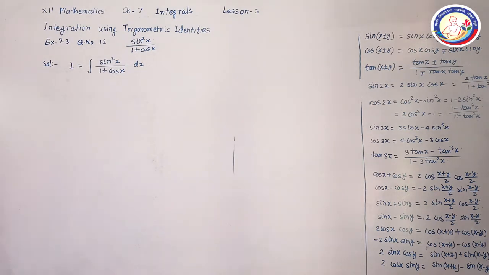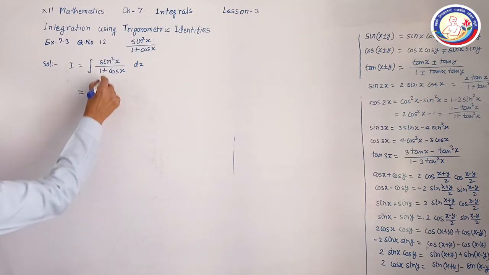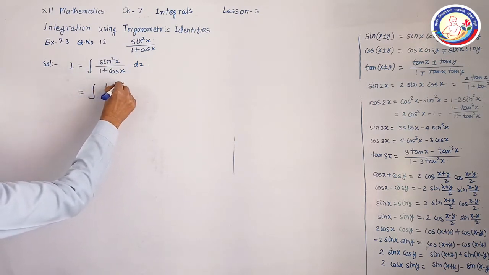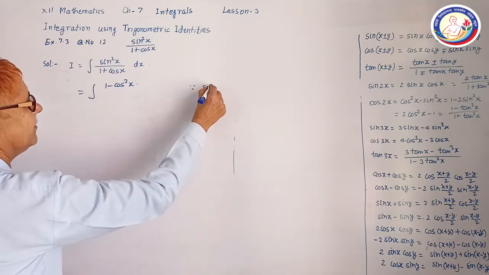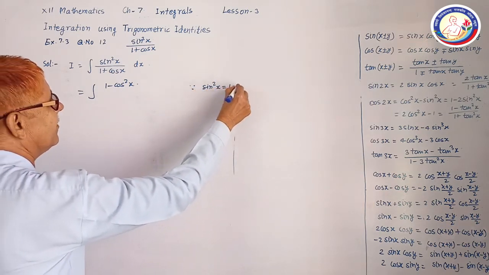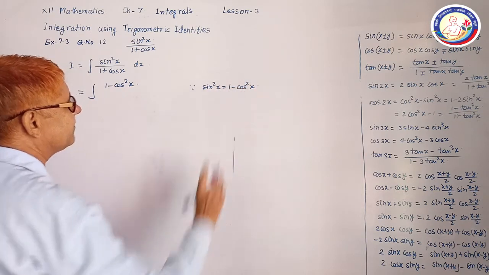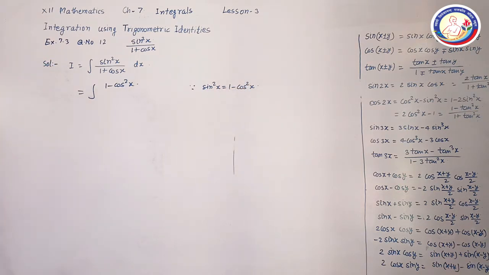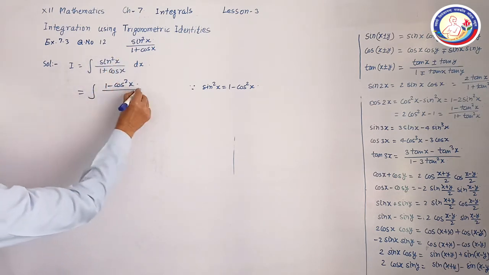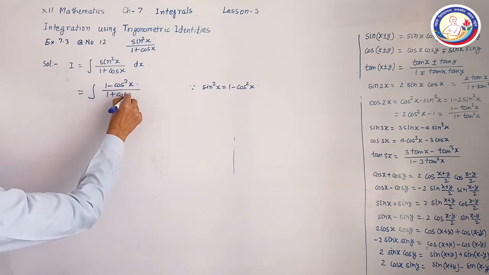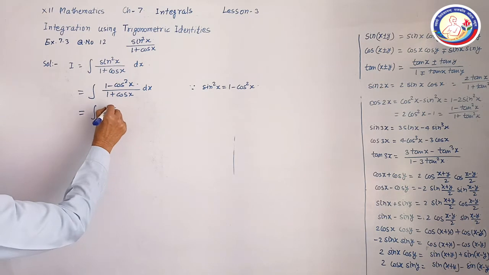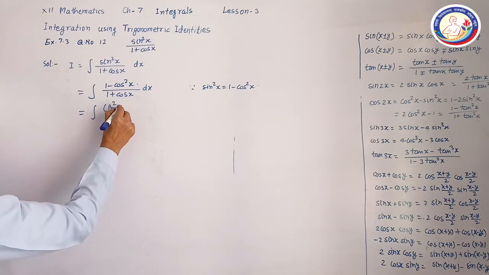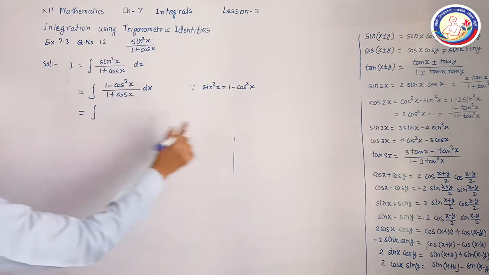So let us proceed. We are replacing sin square x by 1 minus cos square x, because sin square x is equal to 1 minus cos square x by the first fundamental identity of trigonometry. So this is the value of sin square x divided by 1 plus cos x dx. Factorize this.